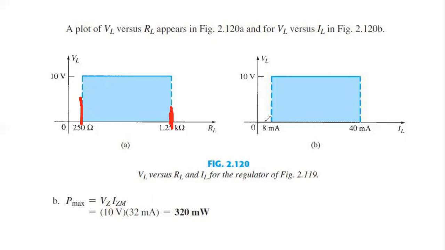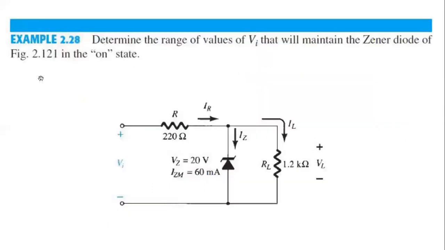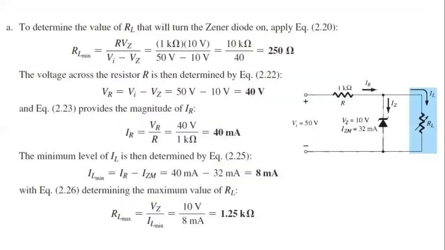And also the current range. The minimum current is 8 milliampere and the maximum current is 40 milliampere. Why 40 milliampere? Can anyone tell me why it is 40 milliampere, the maximum current? Anyone tell? Or should I explain?